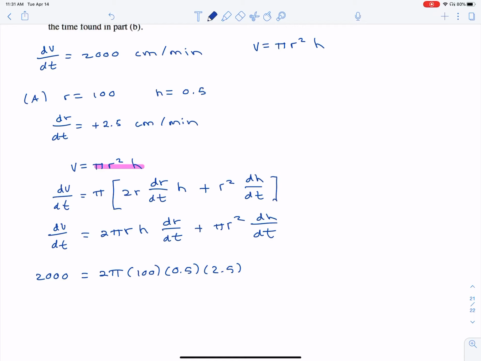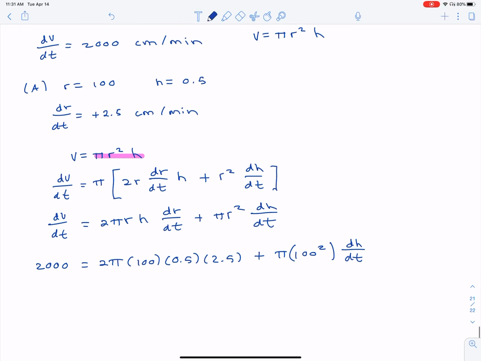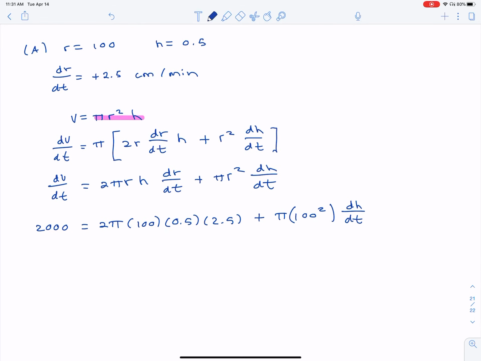Then we get pi times the radius squared, so that's 100 squared, times dh/dt, which of course is what we are looking for. Cleaning this up just a little bit, just doing some quick multiplication.